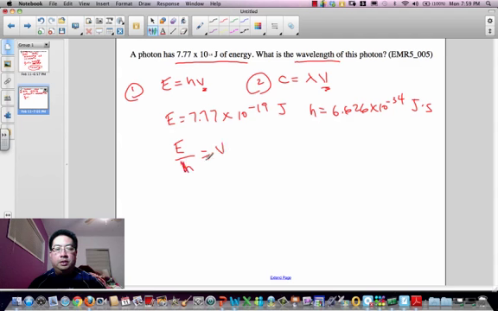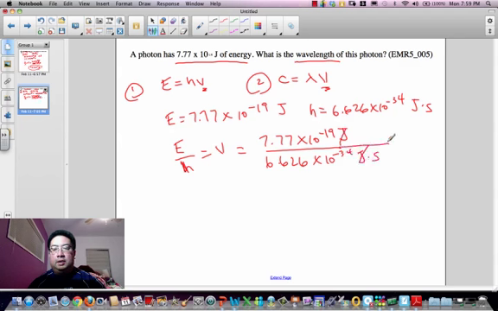And we go ahead and put that in, so 7.77 times 10 to the minus 19th joules divided by 6.626 times 10 to the negative 34th joule seconds. Joules cancels, leaving us with 1 over seconds, which is exactly what nu is.